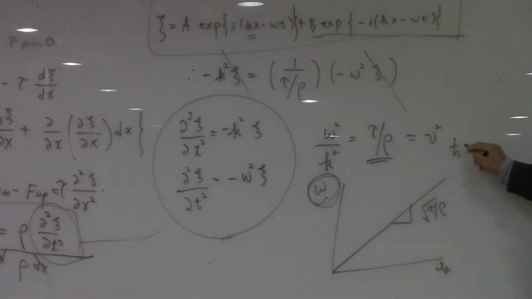Okay? h bar omega is the energy, and the momentum of the system is h bar k. So if you know omega and k, we know the energy of the system, we know the momentum of the system, so that we can have all the answers that we need to understand the system.